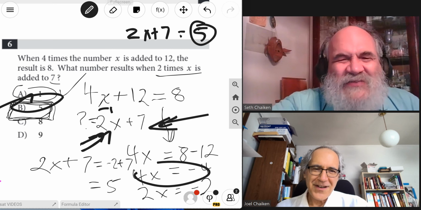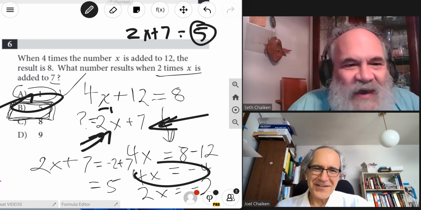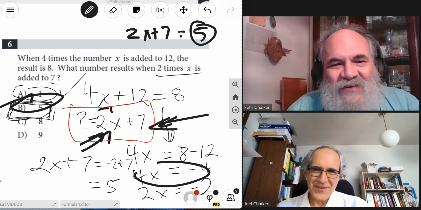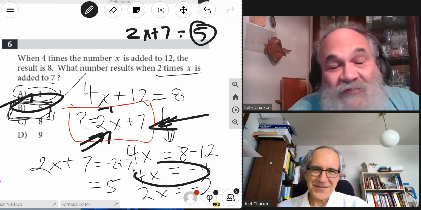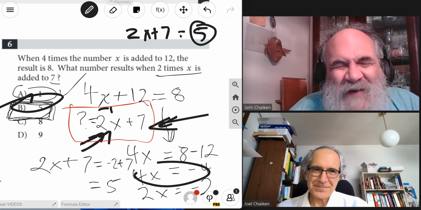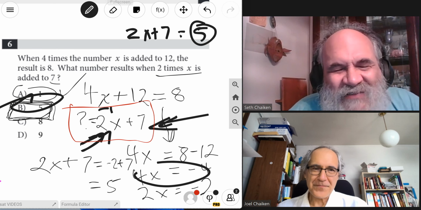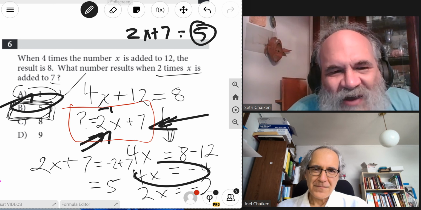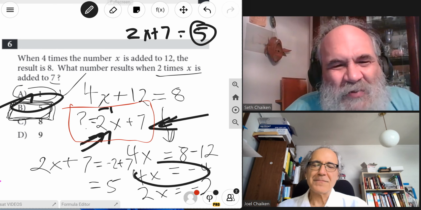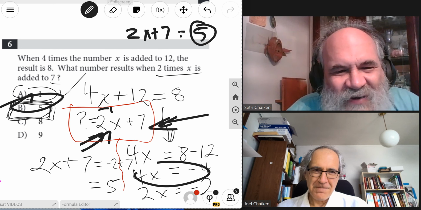The problem is you go schlepping along and solve for 2x, and say, oh, wow, I found an answer. But the reason I solved for 2x is I wanted to solve for 2x plus 7. So between here and here, the question got forgotten.